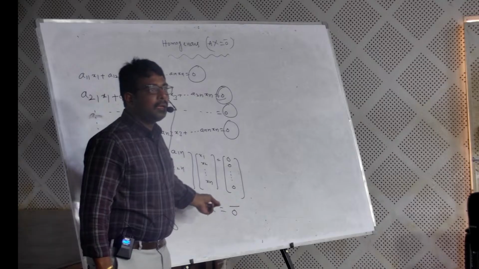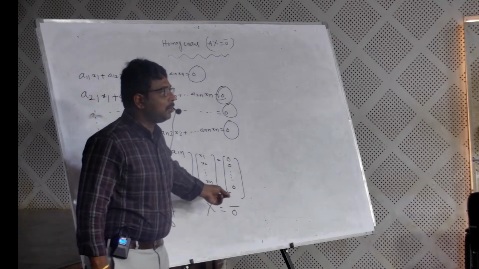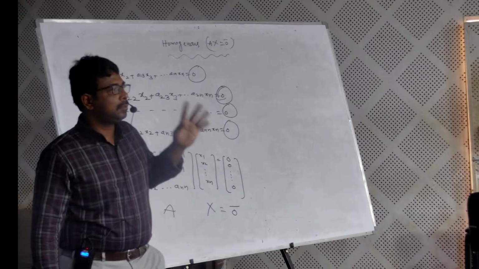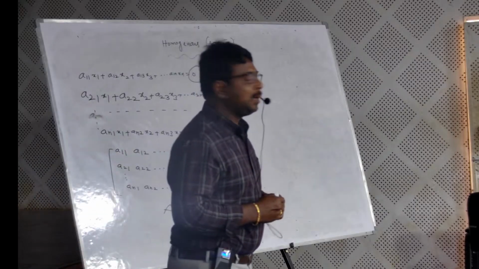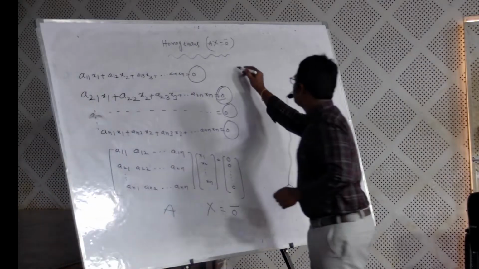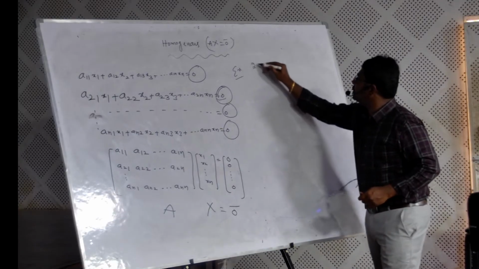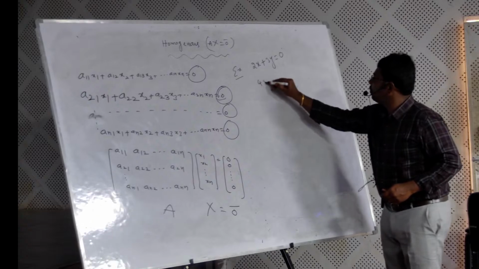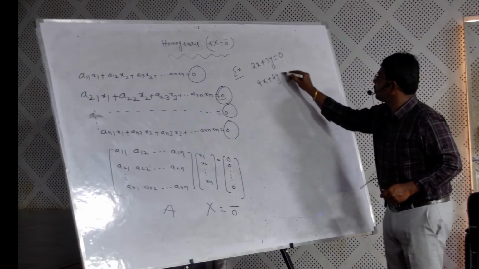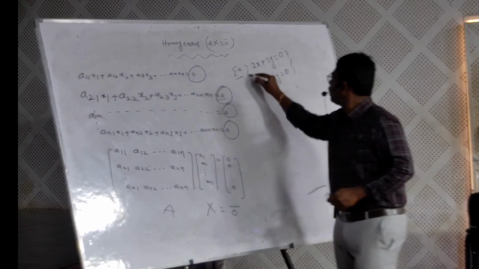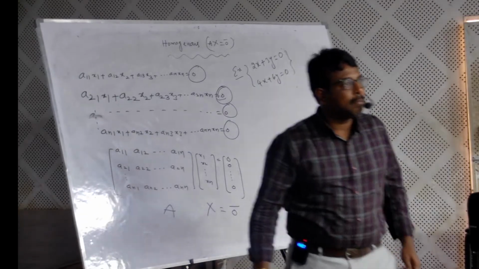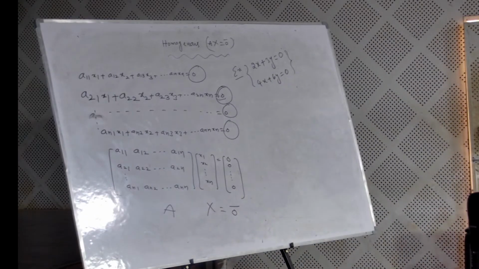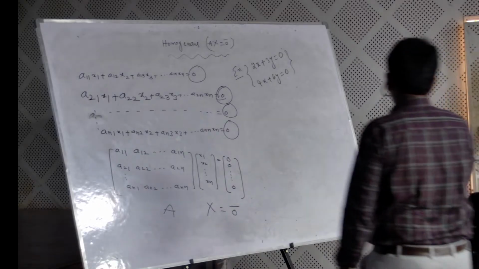Ax equal to 0 bar, where the right side of every equation is 0. Dear students, don't worry. Here I will write a few examples. 2x plus 3y equal to 0. This is an example for which system? Homogeneous system, because the right side is 0.